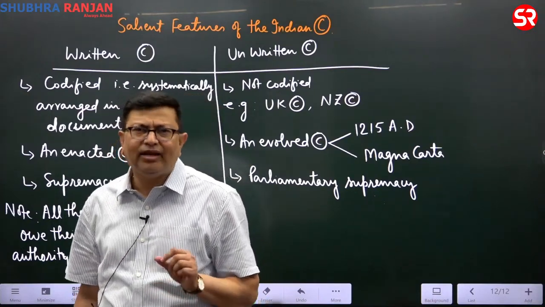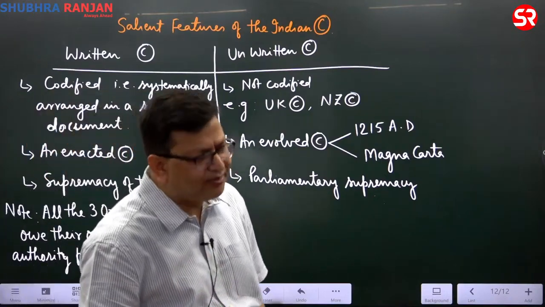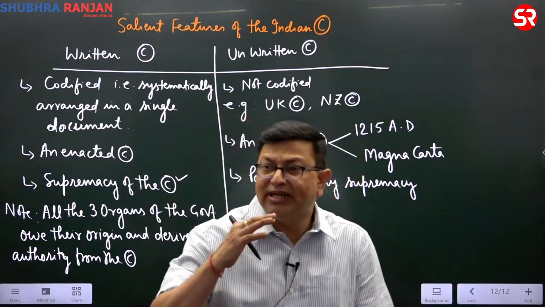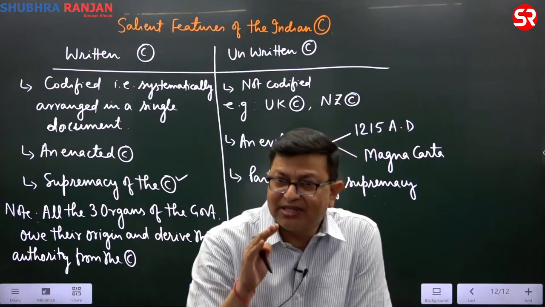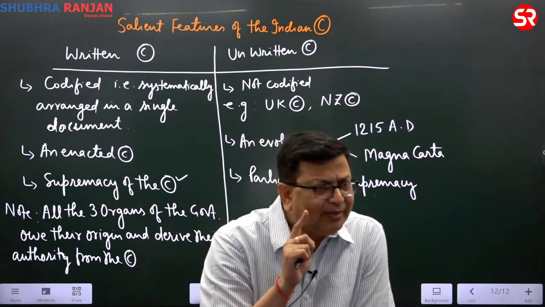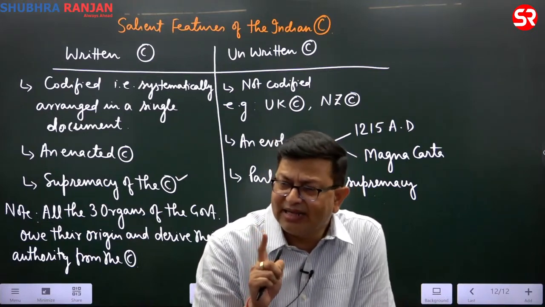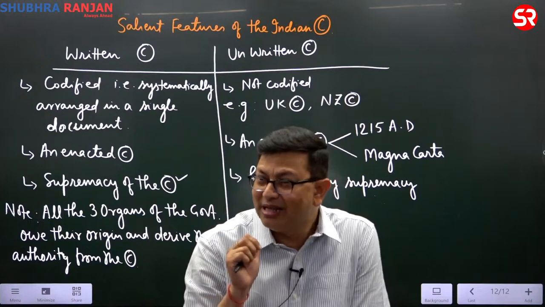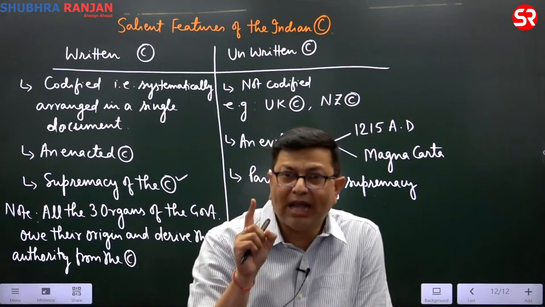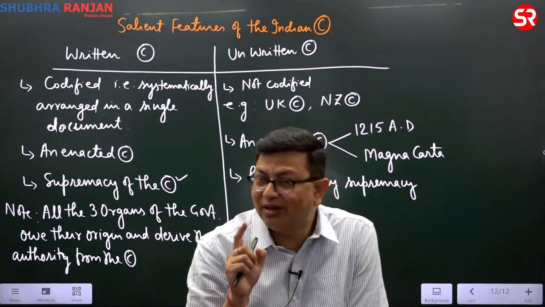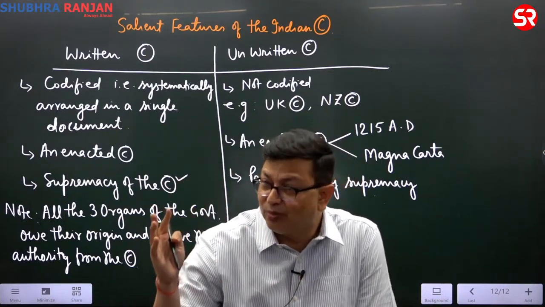No doubt in India, there is a perception among certain sections of people that here the judiciary is supreme, because the higher judiciary has the power to review the laws made by the legislature as well as a decision of the executive. That is why people feel that the judiciary is supreme. But who has given the judiciary this power? The constitution has given this power. So the constitution is supreme.